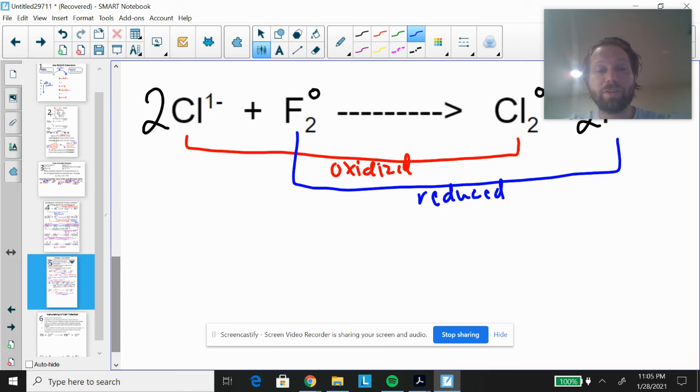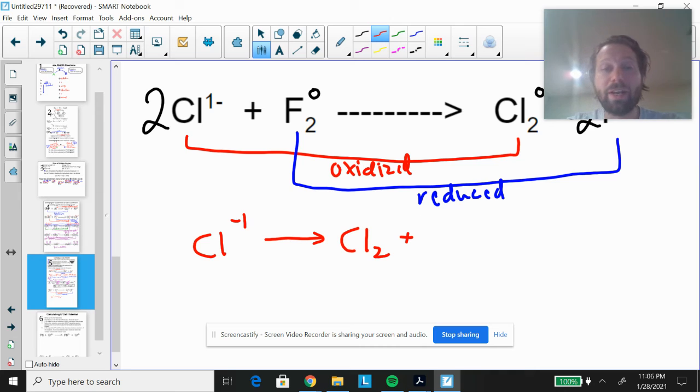All right, so the next step is now writing out the half reactions. So for oxidation, we see that we have Cl1-, and then this is going to Cl2. So this is going to be showing electrons on the right-hand side. And how many? Oops, I missed my 2 there. Well, this is going to a 0 charge, by the way.